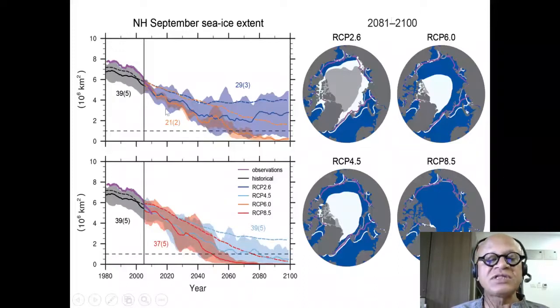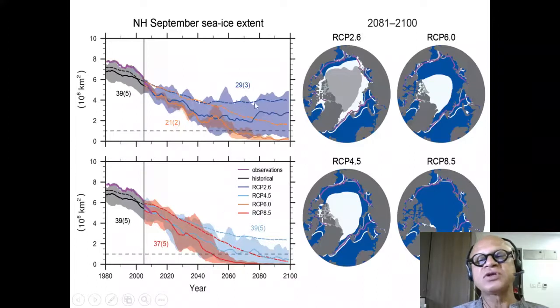Okay, here is the time evolution of various scenarios, the number of models and the number of scenarios used, and here is the historical period before 2005 or so, and it had been decreasing as we saw. And the future projections are not very bright.